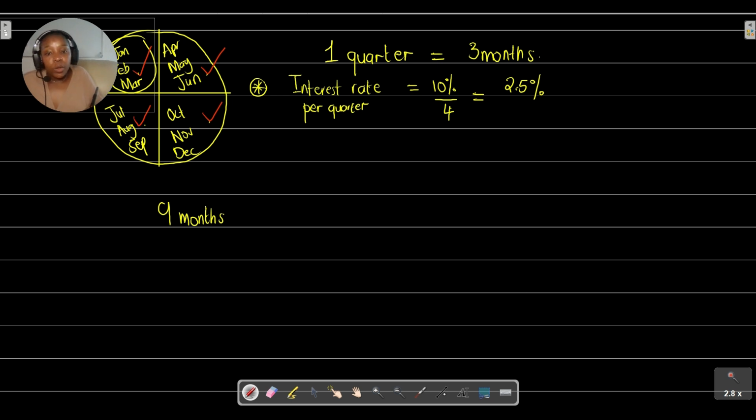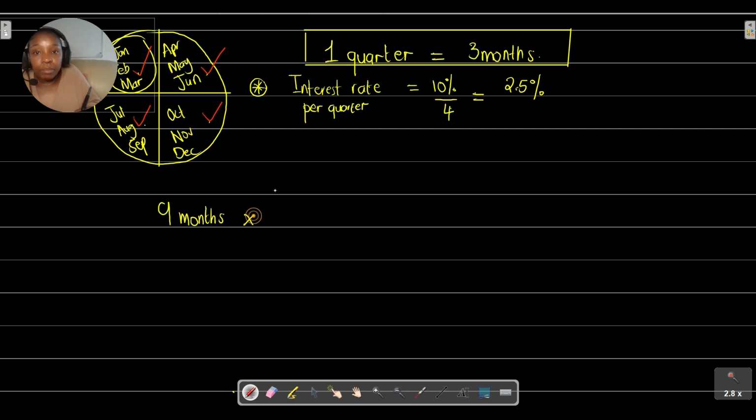So what do we know here? Remember, I've given you an equation that will help us convert the period of months into quarters. We take that 9 months and multiply it by what we want, our period in quarters, and divide by what we have, our period in months, so it's 3 months.